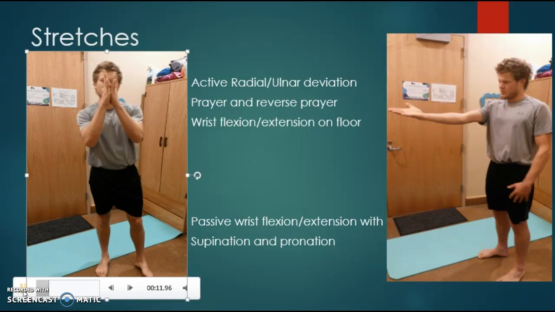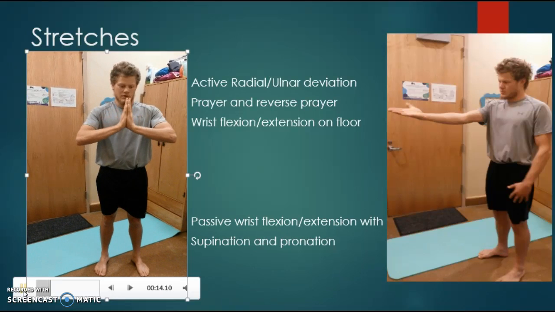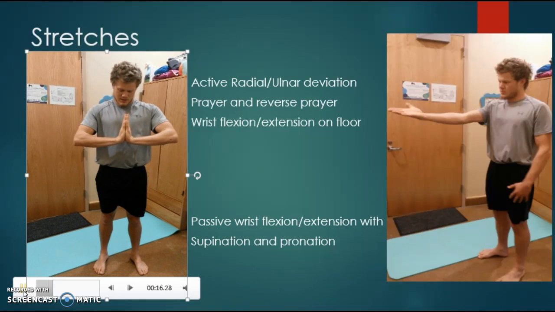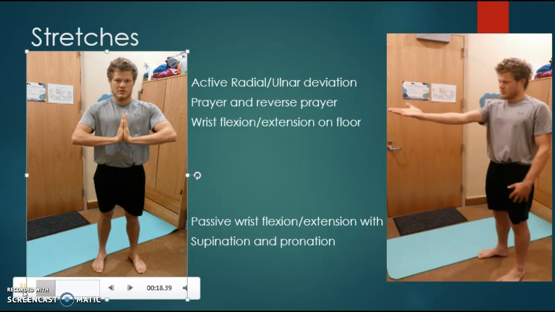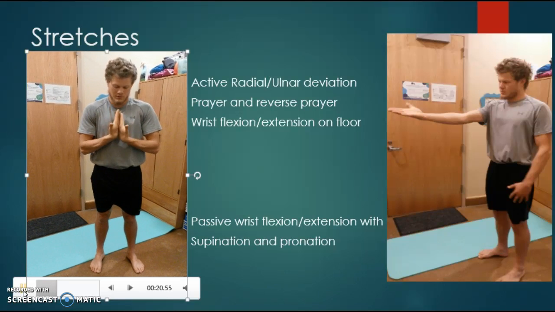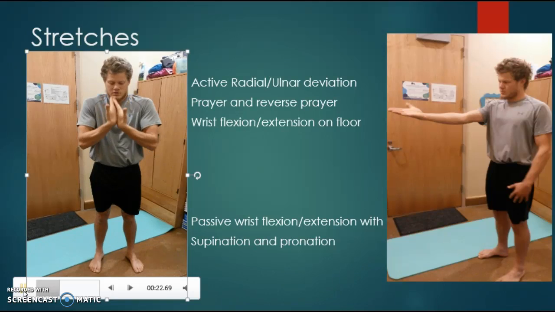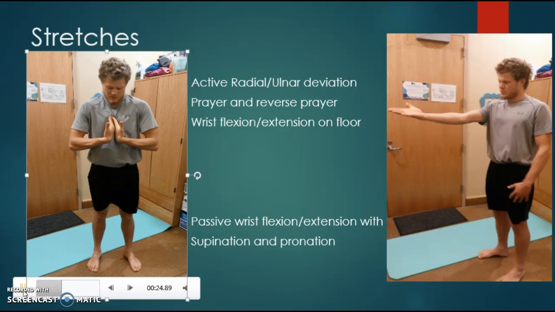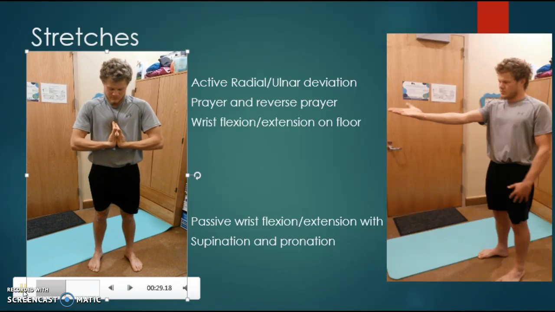supination form of that. Prayer pose is a very useful stretch, as well as a reverse prayer stretch. With this stretch, I would recommend balling the hands into a fist to achieve a greater stretch on the thumbs.